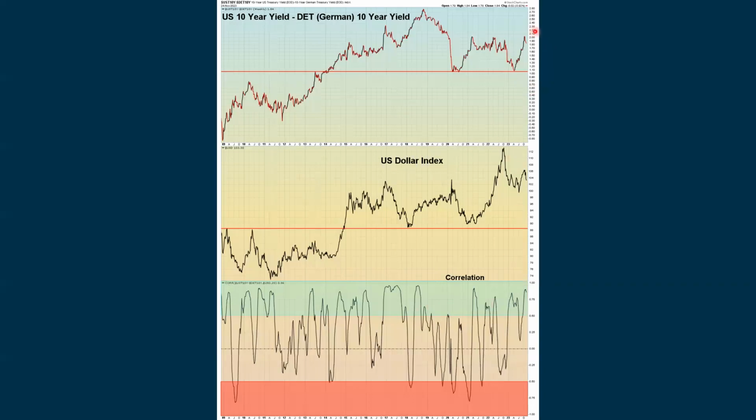Now lately we've been seeing this coming down as interest rates have been falling, and the dollar's been under some pressure lately. The correlation between the two is pretty strong, and this has been giving some support to stocks. So when this is going up, that may be pressuring stocks. When either one of these lines are going down, sometimes that will give support to the market.